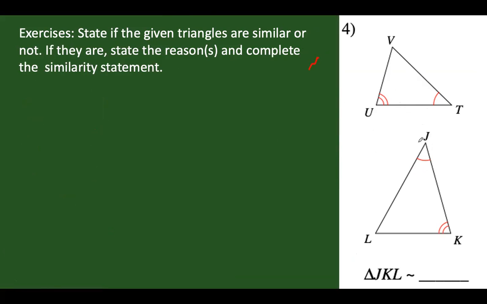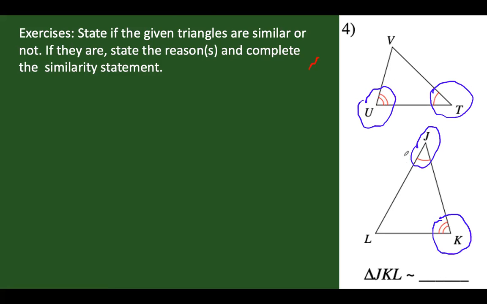So we have J corresponds to angle T. Why? Because they have the same markings, so they are congruent angles. And also angle U is congruent to angle K, because they have the same markings or labels.